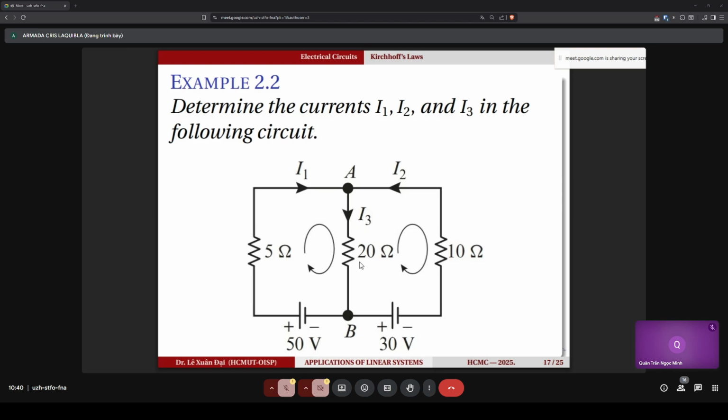It says that the sum of the products of the current and the resistance is equal to the total voltage. The voltage in this loop is 50 volts. So you have I1 times 5 plus 20 times I3 is equal to 50 volts.